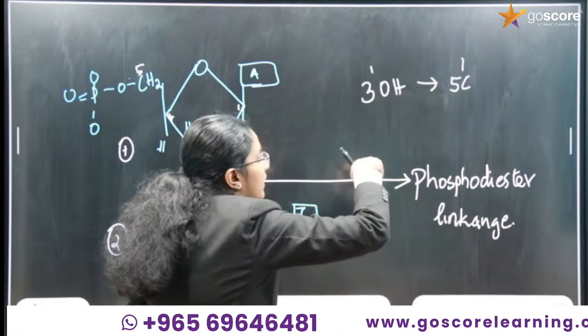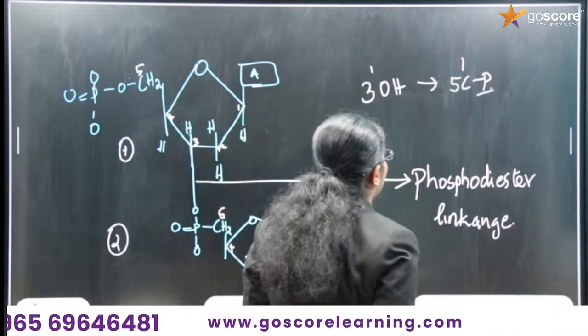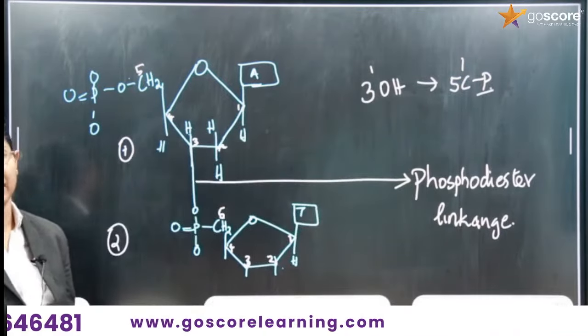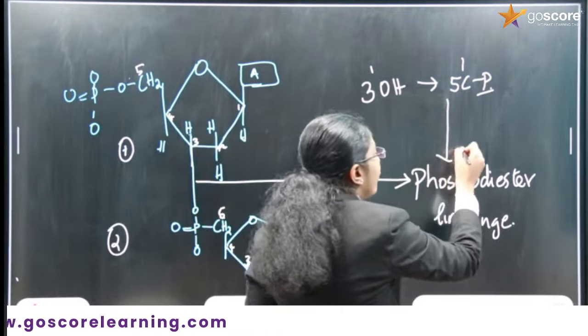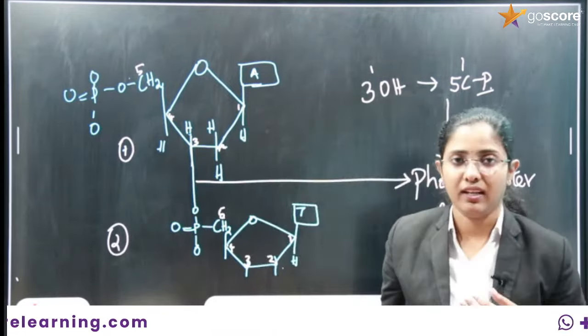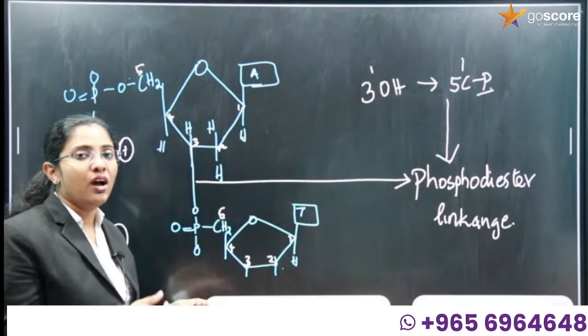At the fifth carbon you have a phosphate group, so it will be attacking the phosphate group of the fifth carbon, through the phosphodiester linkage.